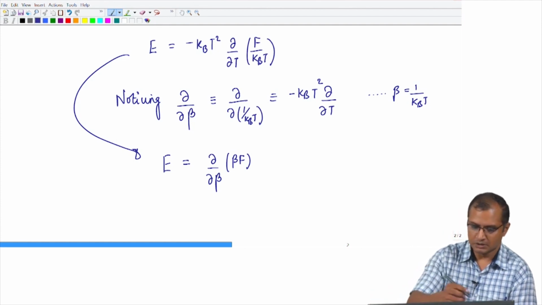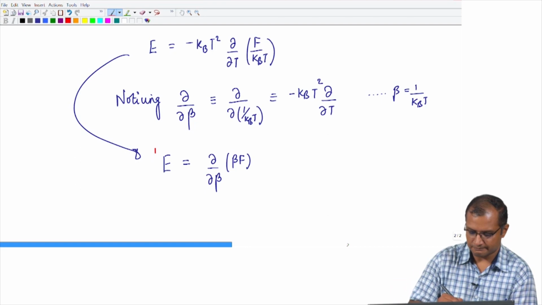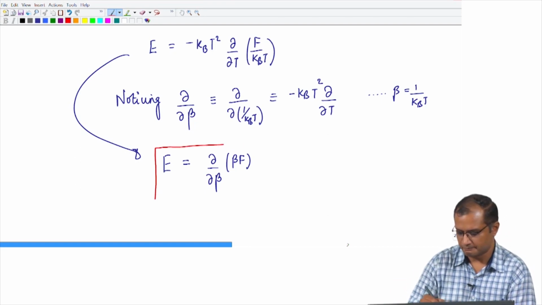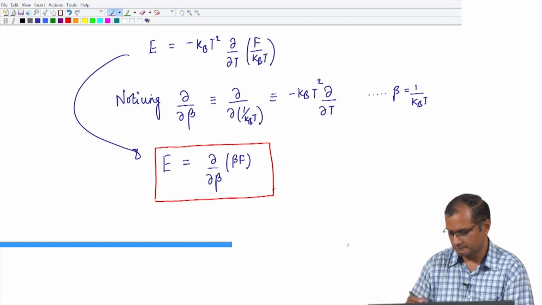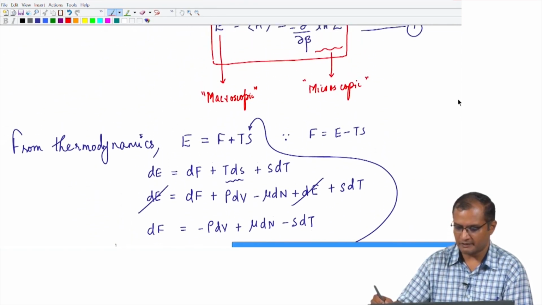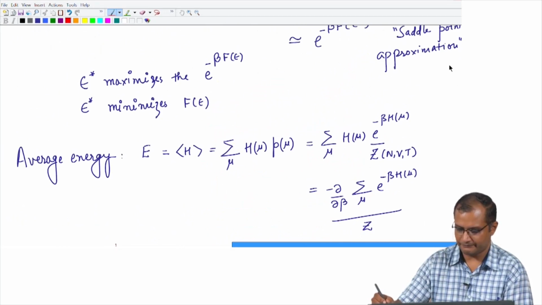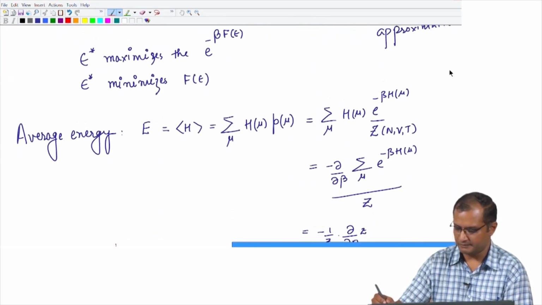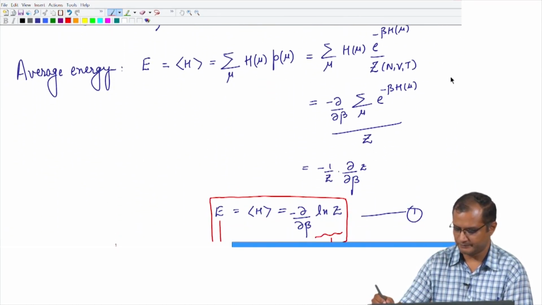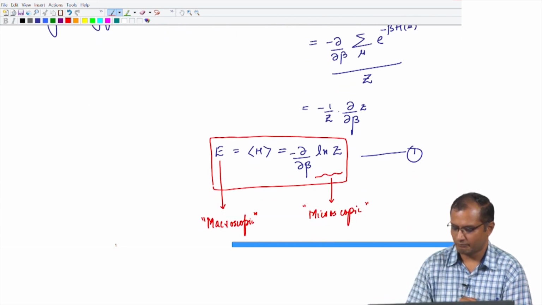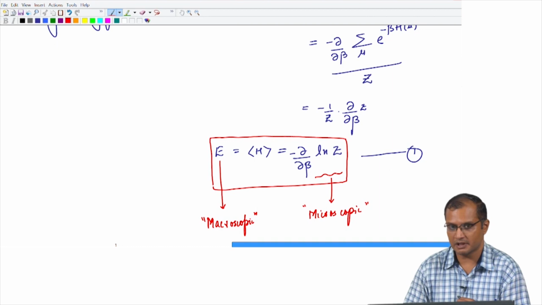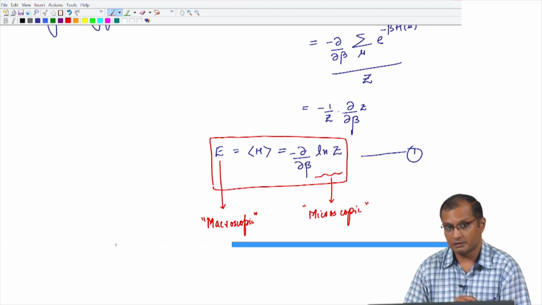Now, you can compare this with what I have written here, equation 1. So, this is also an expression, a relationship between energy and ln z.